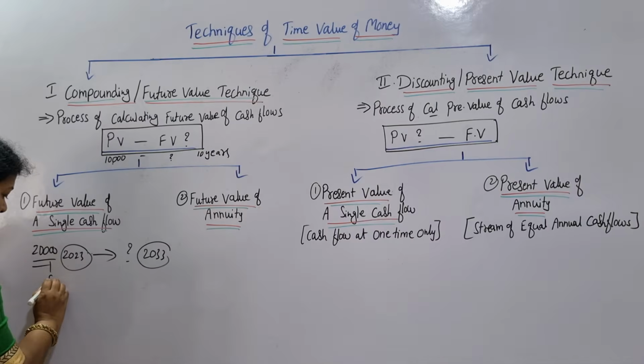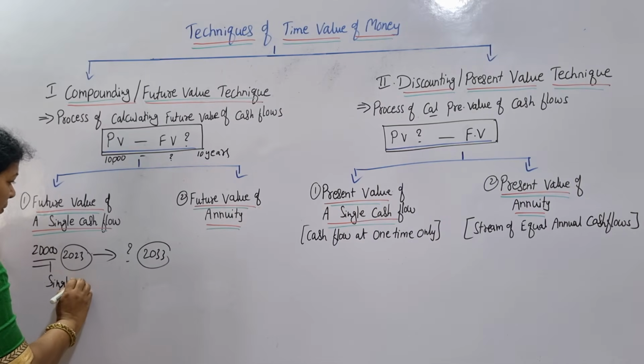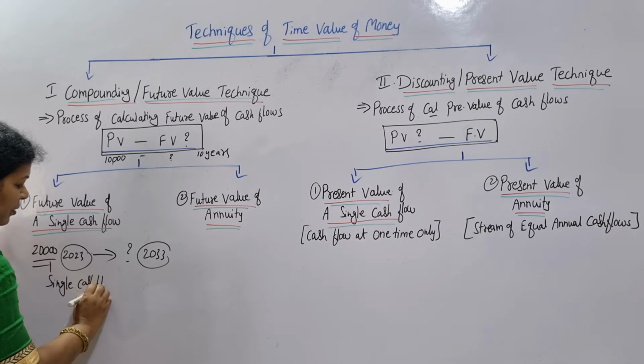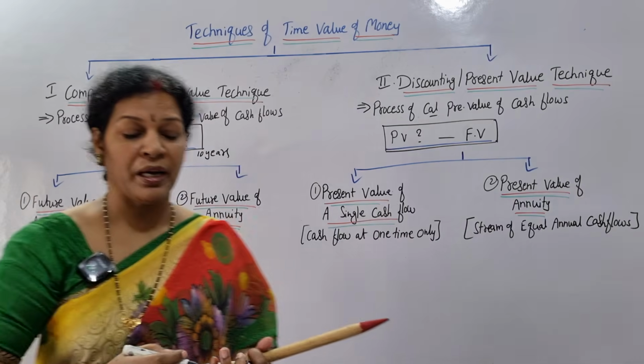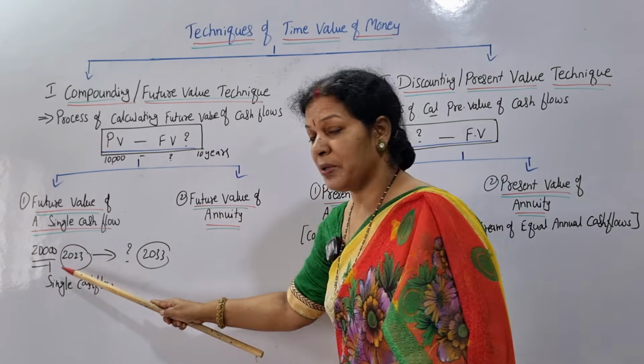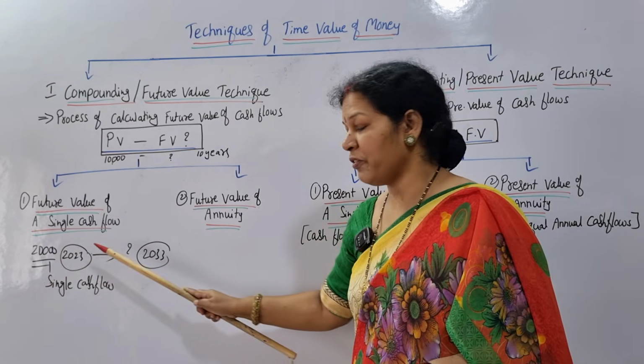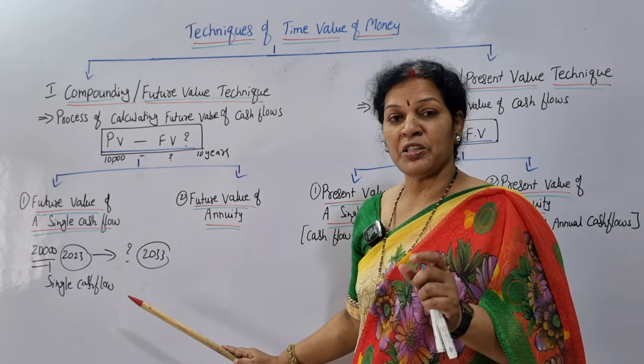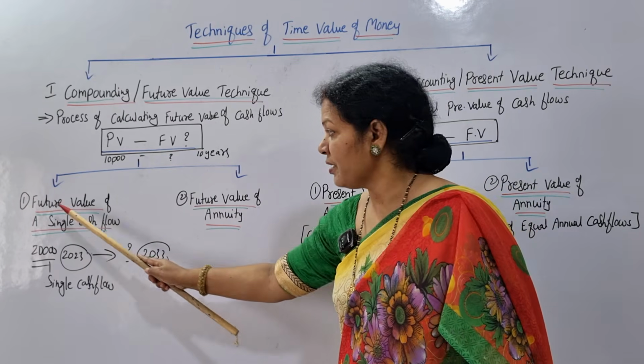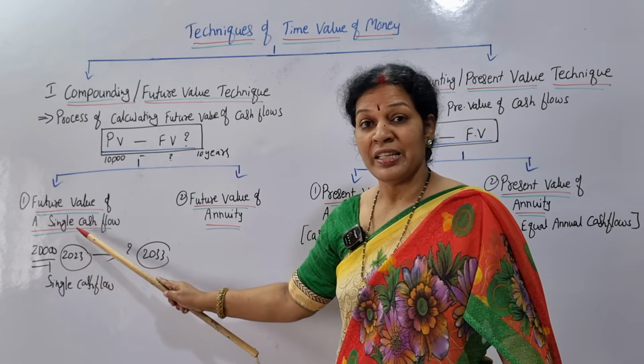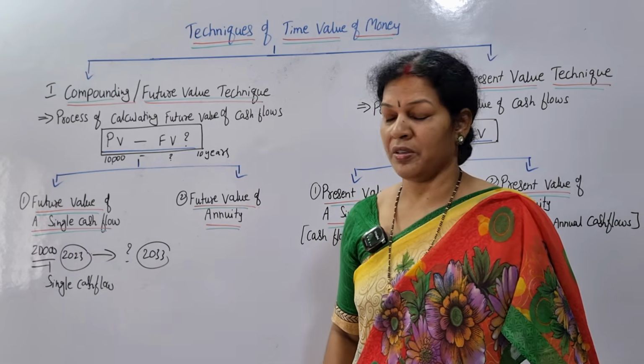Only one flow, only one amount I am having. Are you getting it? Only 20,000 I am having. If I invest 20,000 for 10 years, how much am I going to get? This is very clear.